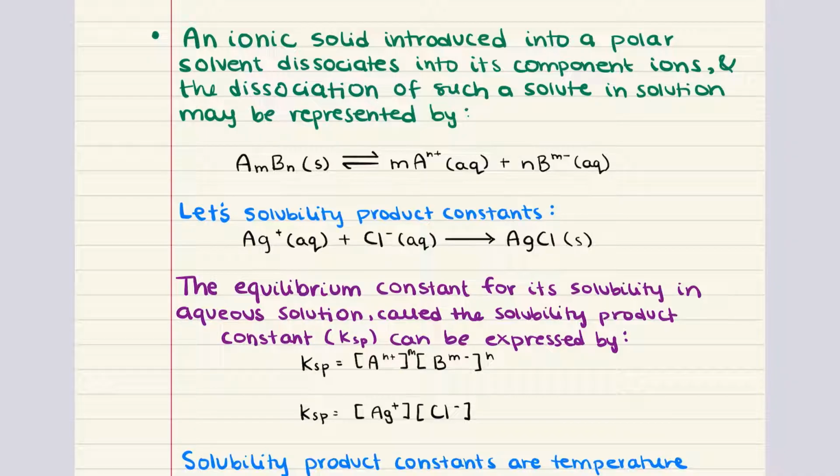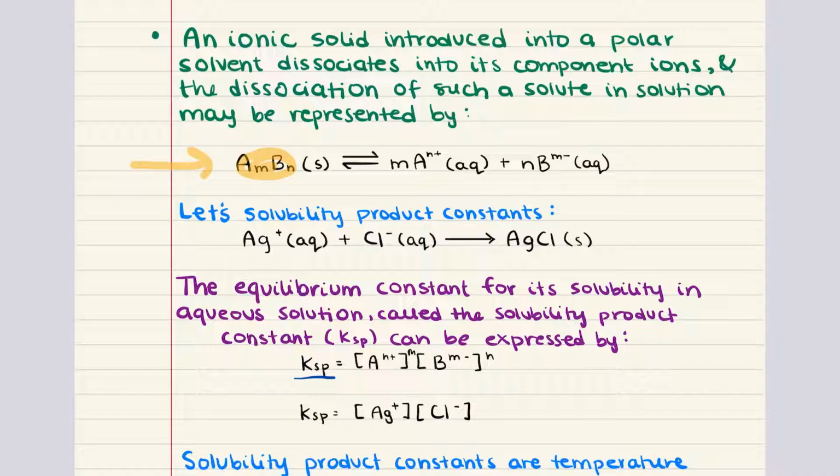Now, understanding this equilibrium allows us to apply the law of mass action to write the solubility product constant, also known as the Ksp. Now, for a saturated solution of an ionic compound with the formula AmBn, the dissociation of such a solute in solution can be represented in this way.